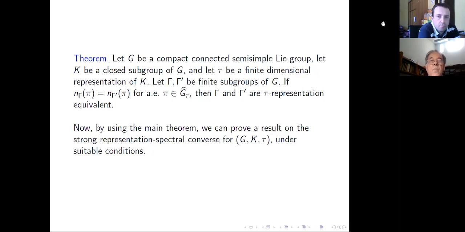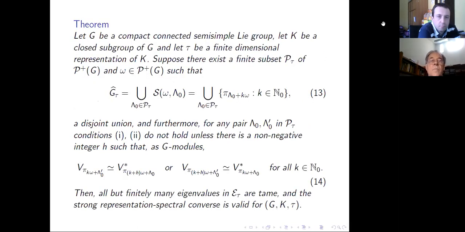I think this theorem we'll mention later. And now, if we assume that G hat tau can be expressed as a finite union of disjoint strings, and moreover, for any pair lambda naught, lambda prime naught in P tau, which is the set of weights where the bases lie, conditions 1 and 2 do not hold, unless there is this condition 14 that is rare and complicated, then all but finitely many eigenvalues in E tau are tame.